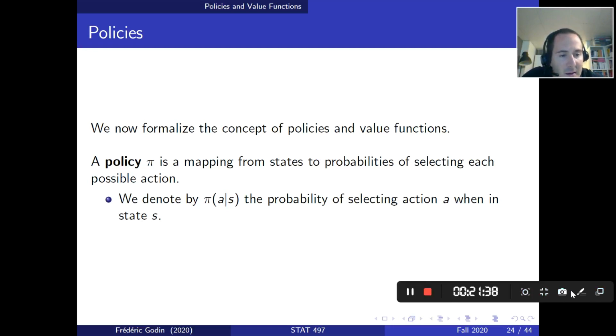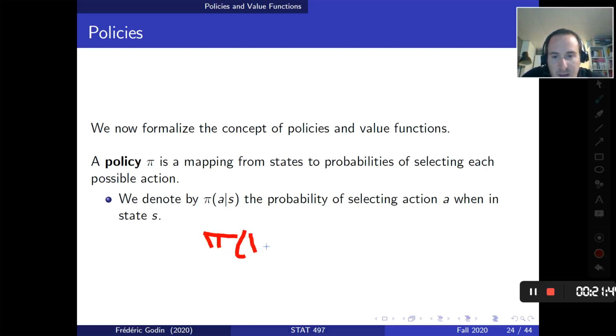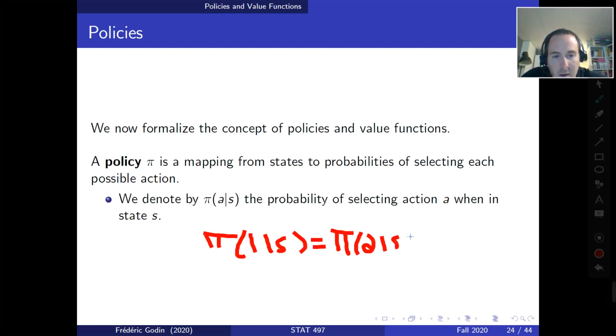Maybe let's write it. You would have the probability of selecting action 1 given your state is pi of 1 given S, which is 50%. Okay, so this tells you that you have a 50% chance of taking either action 1 or action 2 if you're in state S currently.